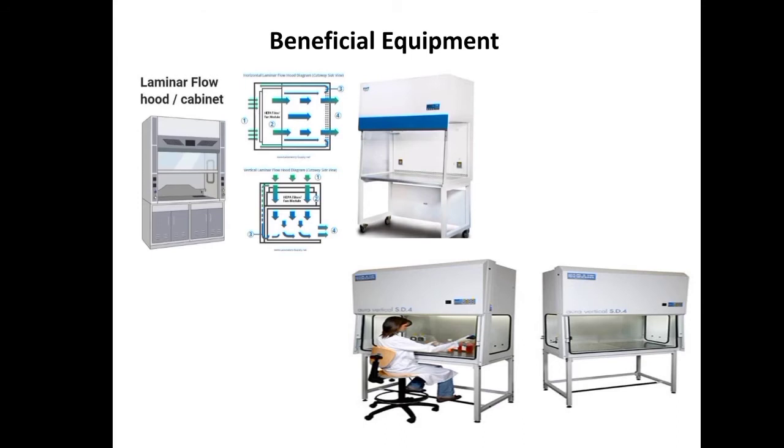This laminar airflow cabinet is defined as an enclosed workbench which is used to create a contamination free work environment through the installed HEPA filters that capture all the particles entering the cabinet. So it has a special filter that is known as the HEPA. HEPA means high efficiency particulate absorbing filters. Okay, so they are used in the laminar airflow.